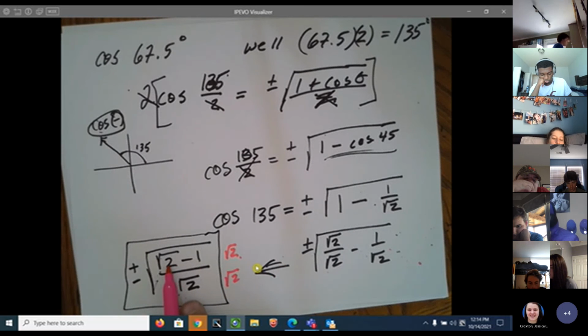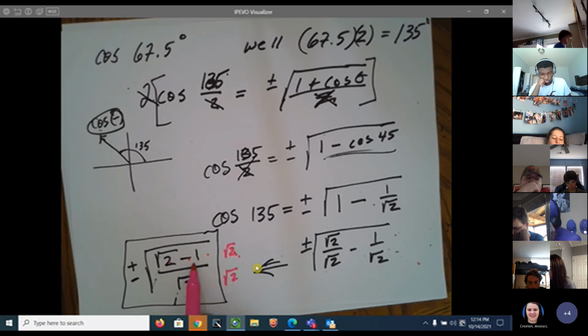That's going to give me 2 minus the square root of 2 over 2. So you can play with this. The answer is going to be something like the square root of 2 minus the square root of 2 over 2.